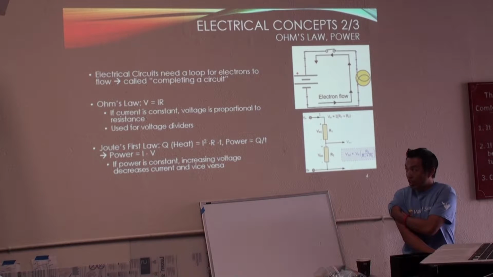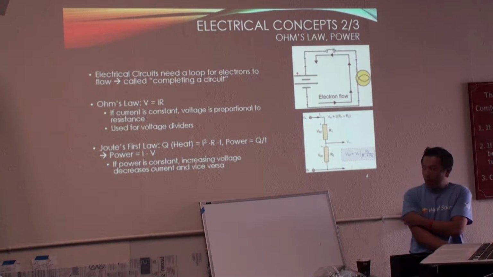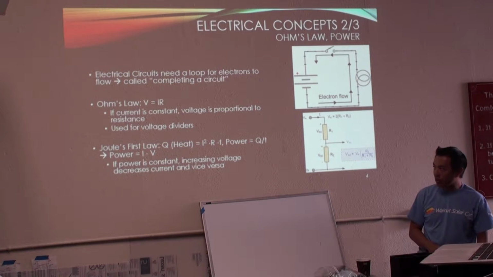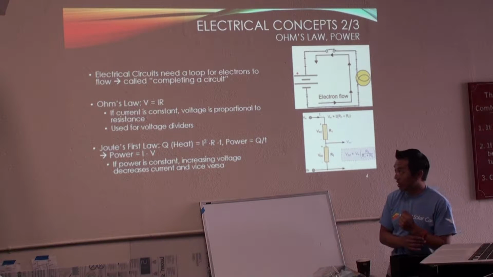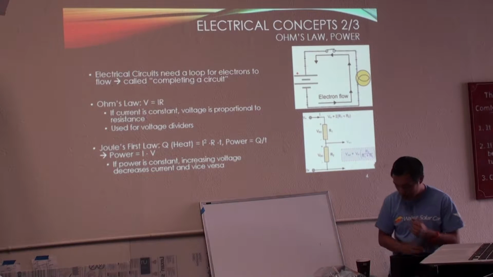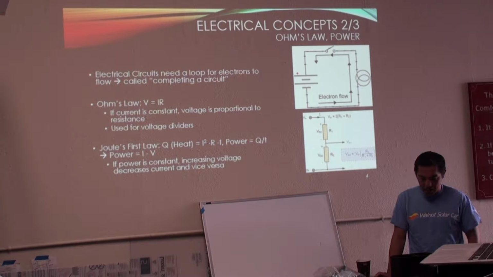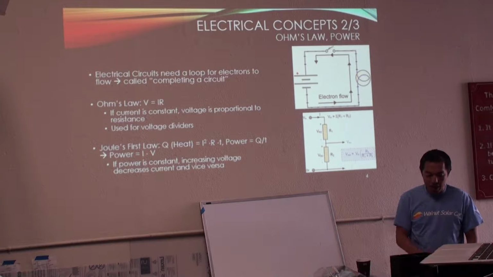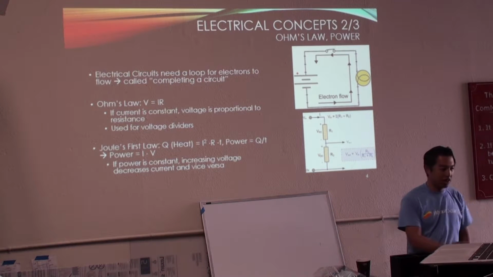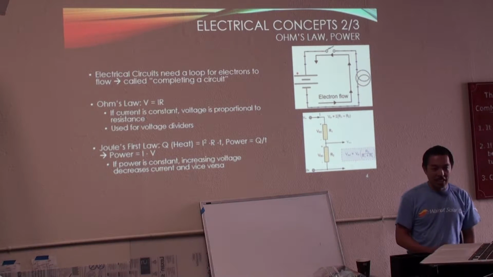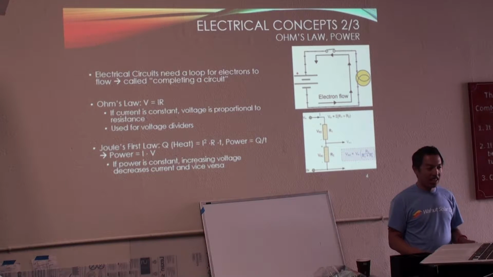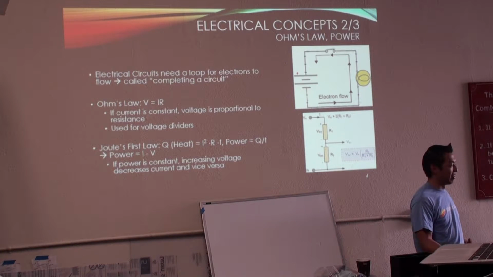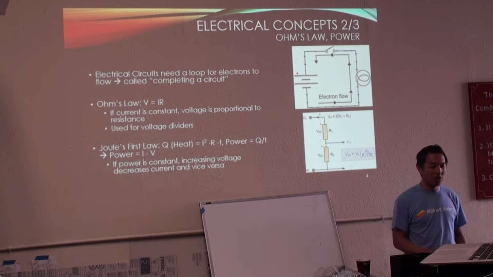A note about heat. The Q equals I squared RT: I is of course current, R is resistance, and T equals time. The whole idea is that whenever you're transferring electricity, you will have some heat that is generated. That heat, if not properly contained, just gets lost into the environment as heat.